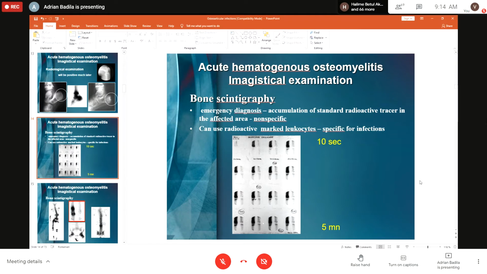It only says that there is something there. In order to surely identify an infection, you must use radioactive marked leukocytes. If you have accumulated marked leukocytes in a part of the body, you can be sure that there is an infection there.